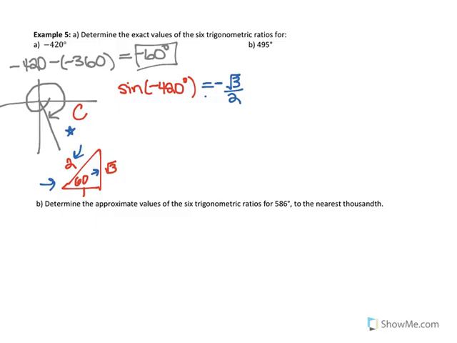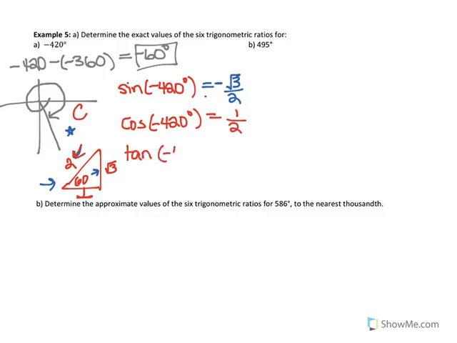And that's your solution. Sine, we already did, nice. Cosine of negative 420 degrees is adjacent, which is 1, over hypotenuse, which is 2, and cos is allowed to stay positive.